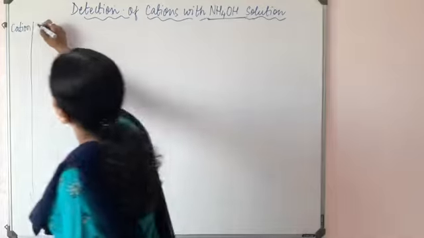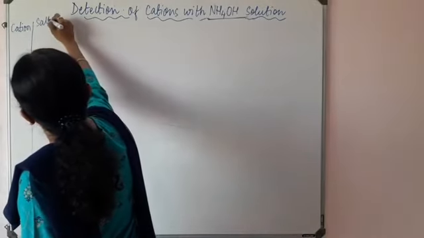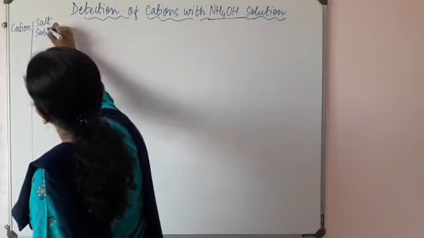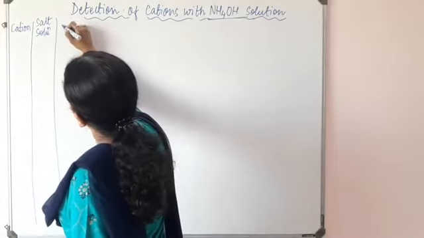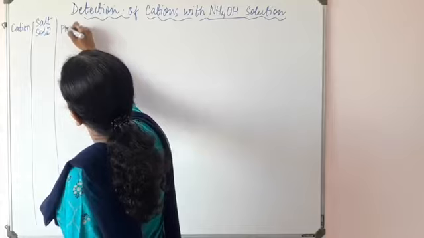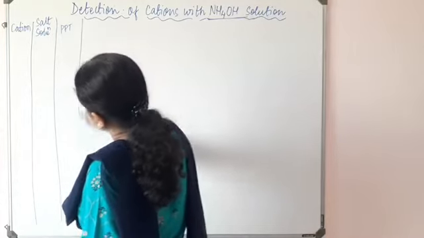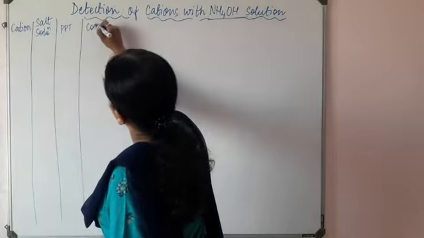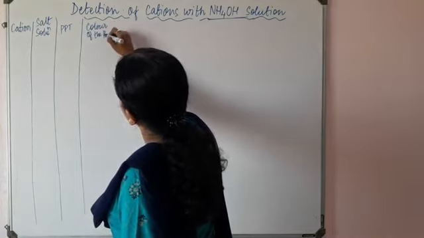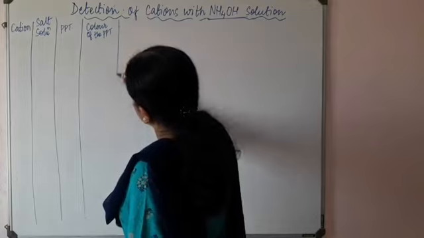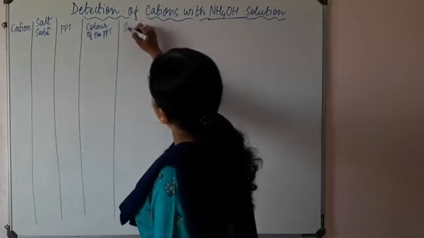Cation, then we have salt solution, then we have the PPT formed, color of the PPT, and solubility in excess.